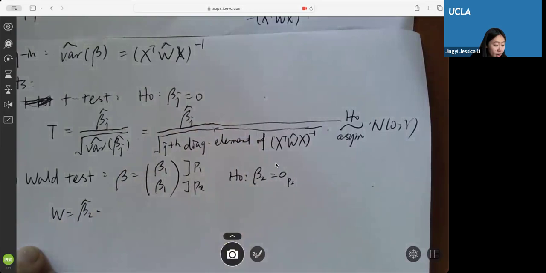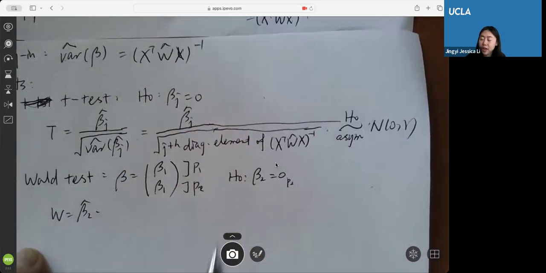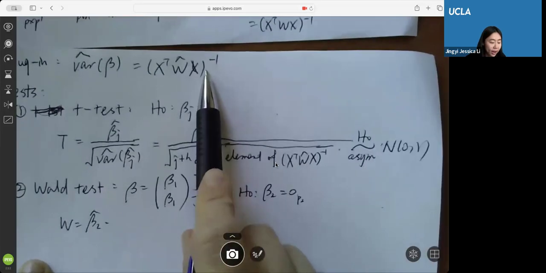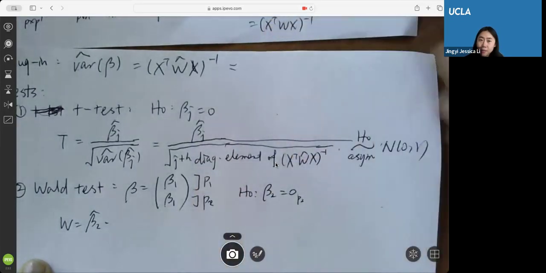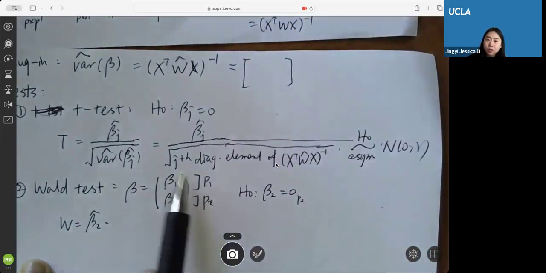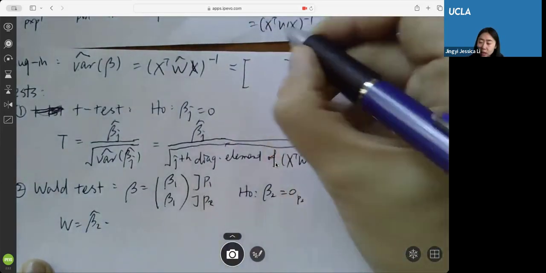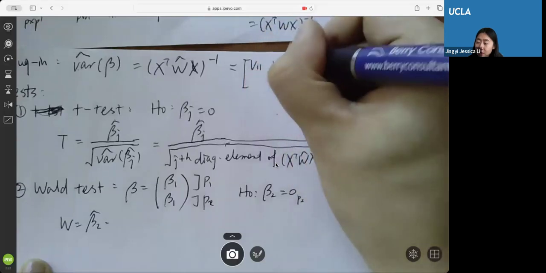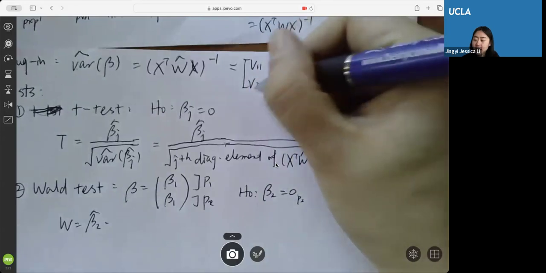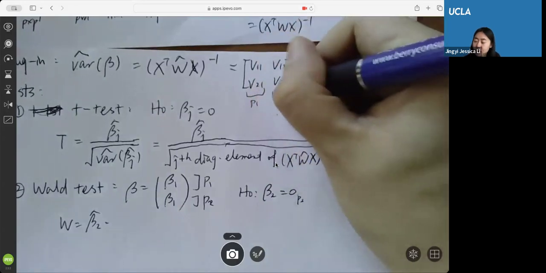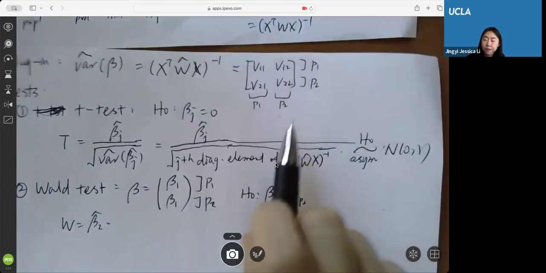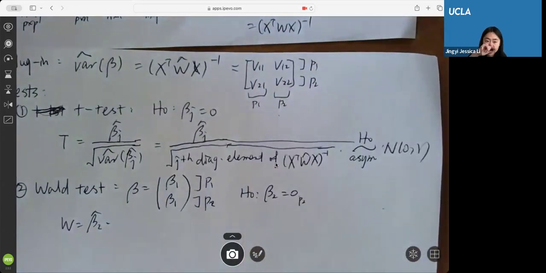So what is it? We actually need to go back to here again. If we write this as a block matrix in the p1, p2 dimensions, as V11, V12, V21, V22, so specifically we have p1 here, p2 here, p1 here, p2 here, then V22 is just p2 by p2.